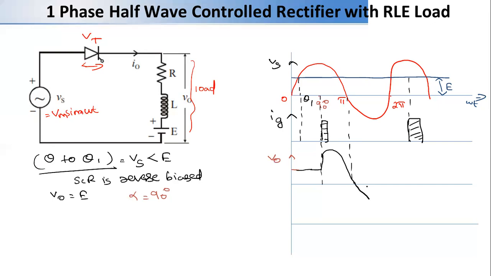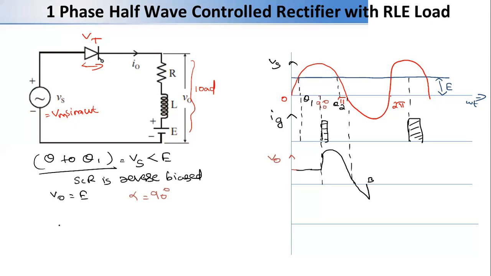This angle we normally call beta, which goes up to theta 2. This is the angle theta 2.